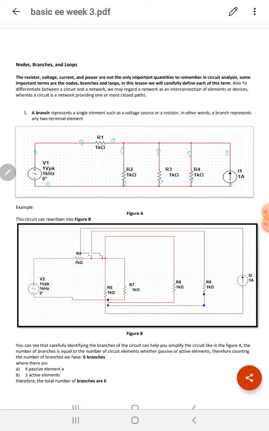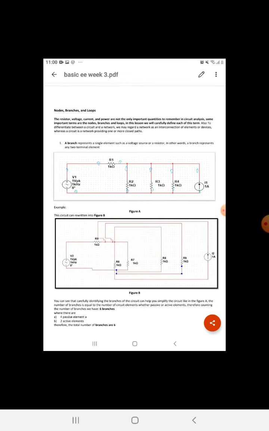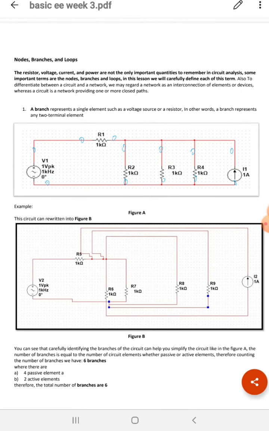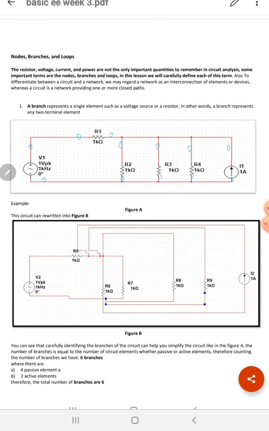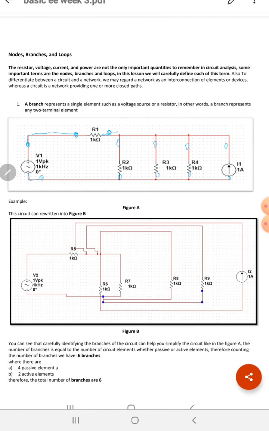So, pag branch, ang tinatawag natin, it will be the terminals of any element. Okay? So, pag sinabi nating series, your branch of one element is connected directly to the other element, while the other terminal of your element is connected to other terminal of element.